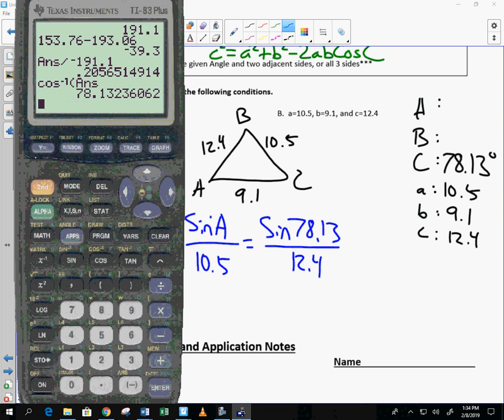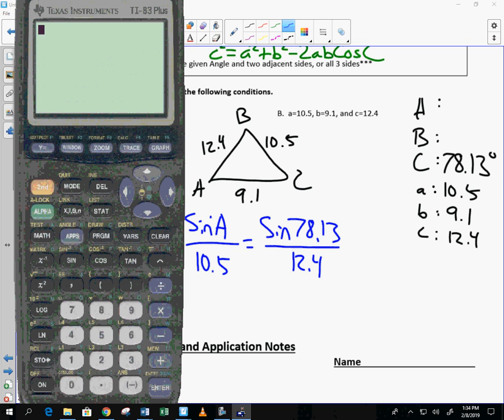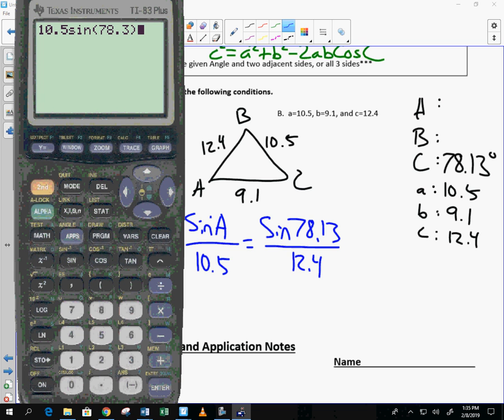I hope that you become very efficient with this, that this goes really quick for you. I'm going to go 10.5 sine of 78.13, divide by the 12.4. For some reason, it just doesn't kind of work with my fingers today.